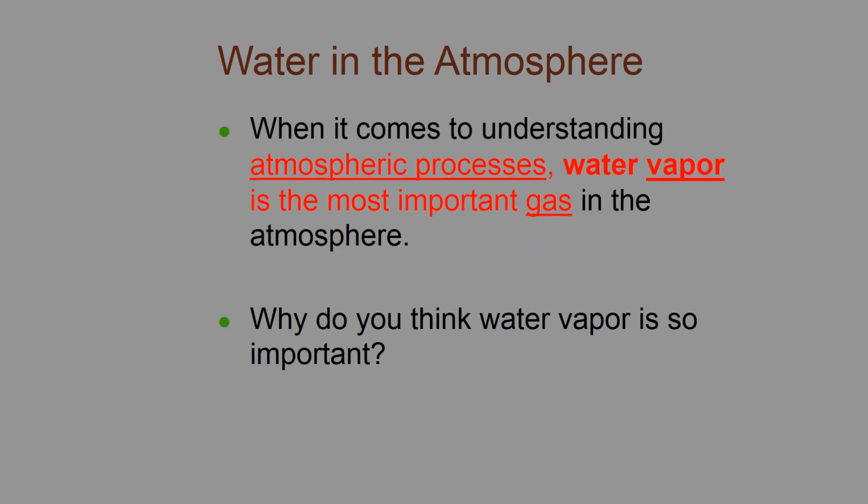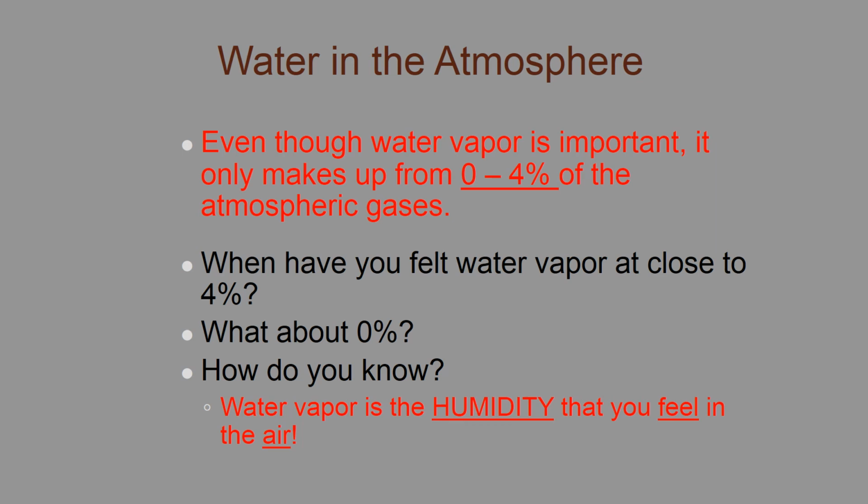So basically, in atmospheric processes, water vapor is the most important gas. And we know that it's important because, again, it helps cool, right? So because we already know it holds up to 4%, when have you pretty much felt it at 4%? This is a question for you.